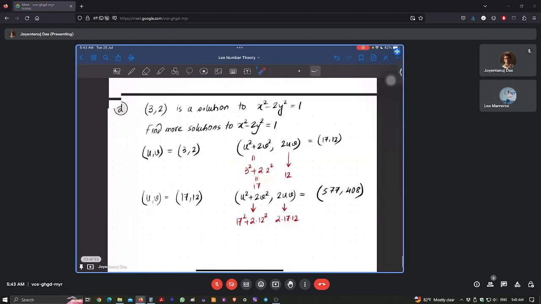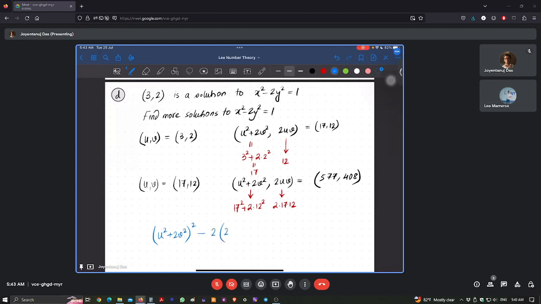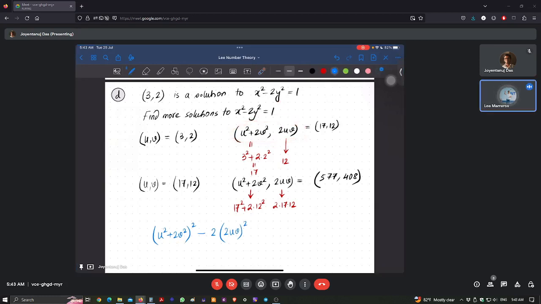So let us check. If we put u square plus 2v square in the equation, I have this whole square minus 2 times 2uv whole square, and this has to equal 1 if this is a solution to the equation. Let us verify.